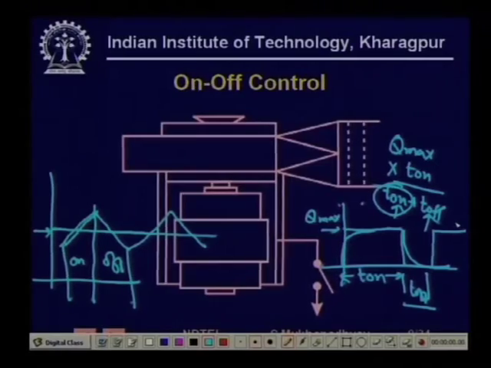But this is hardly ever used because there will be flow pulsations, and these kinds of fans are typically used for industrial processes. We use them for cooling, for things like combustion. So, what will happen in the furnace is that for some time suddenly a lot of air will come. We are giving fuel and we are giving air.